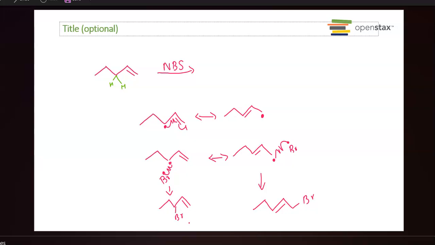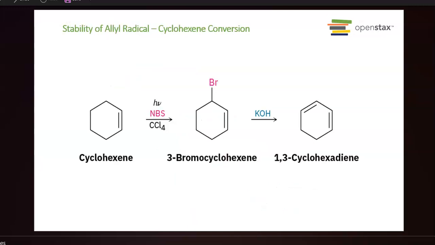At the third position you have bromo, so this will be 3-bromo-1-pentene, and this will be 1-bromo-2-pentene, correct? So you end up with two different products because of the resonance phenomenon of the allylic radical. So this is one method of preparation of alkyl halides.